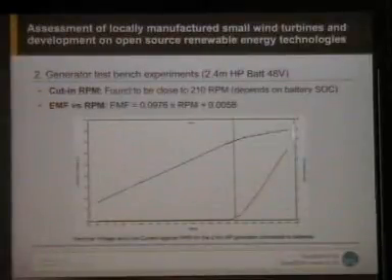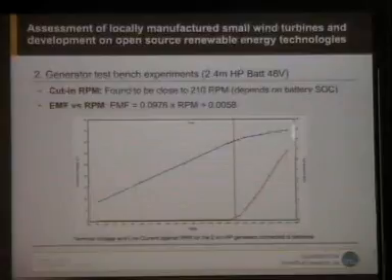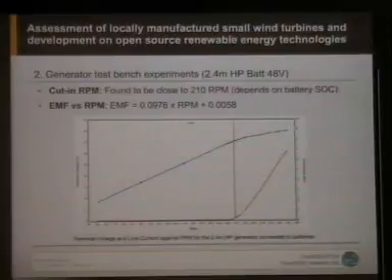These are some tests from the generator bench test. You will probably be doing some of that on Thursday. This is a setup where the generator is connected to batteries with a certain cable. You see that cut-in is almost close to 110, which is what's predicted by the theory.